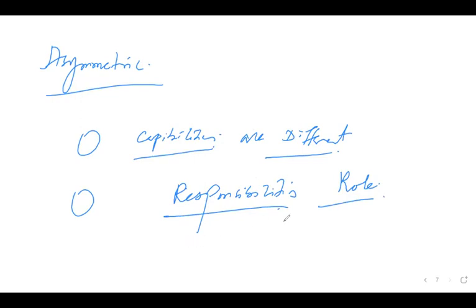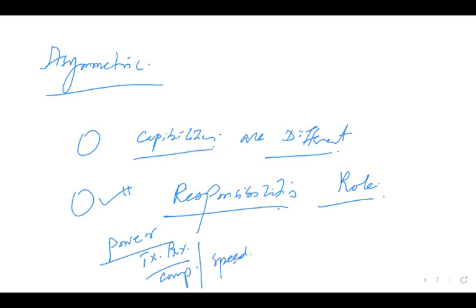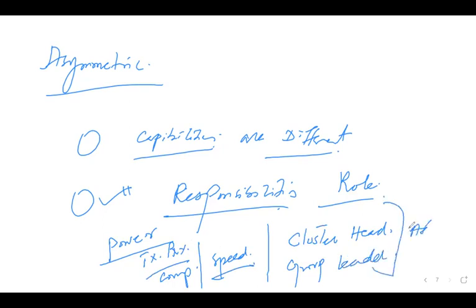As we discussed, the node with higher power for transmission, for reception, for computation, more speed, and some other important parameters can be a cluster head or a group leader. These are the additional responsibilities that you assign based on its capability.